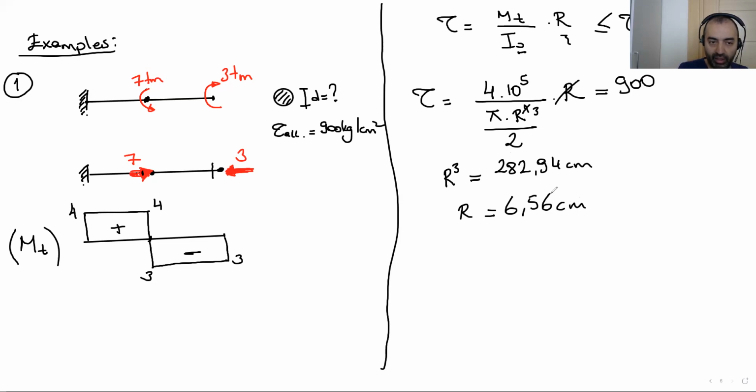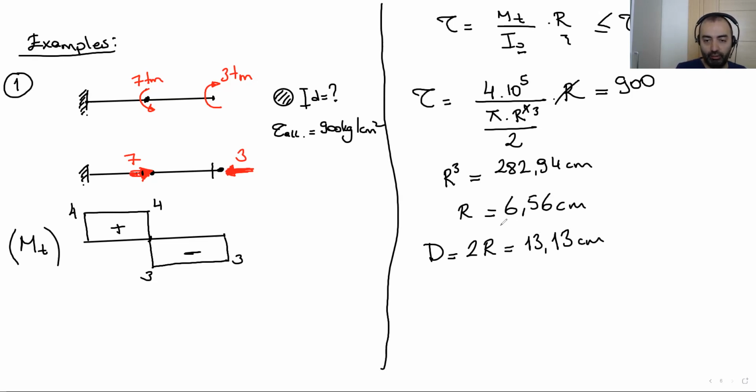But the question is not R, the question is the diameter. The diameter equals 2 times R, which is 13.13 centimeter.